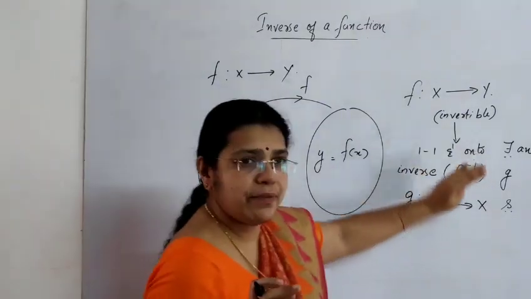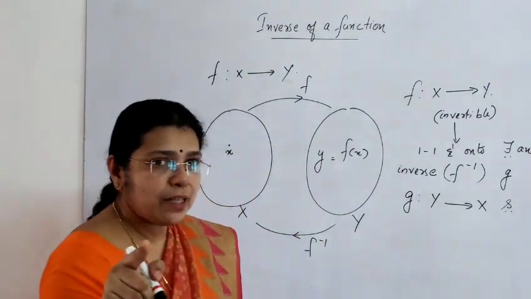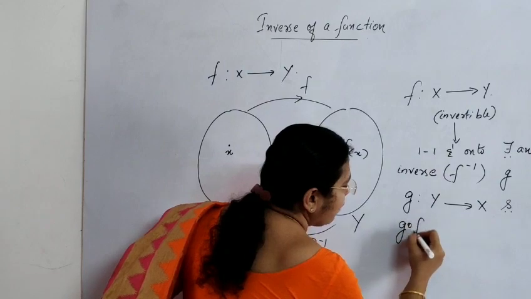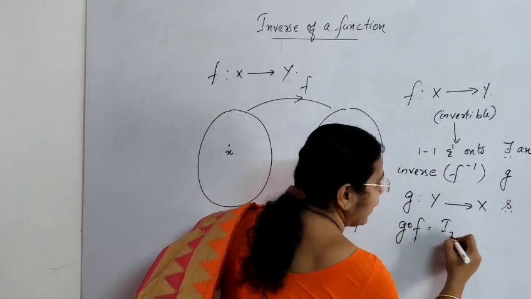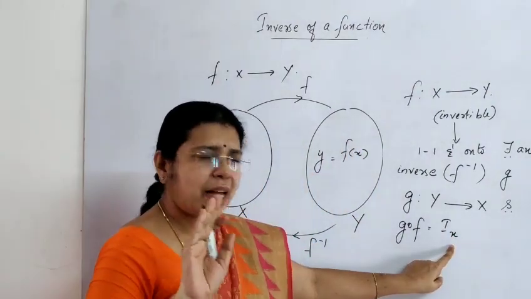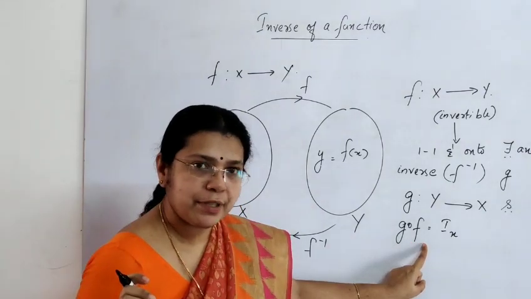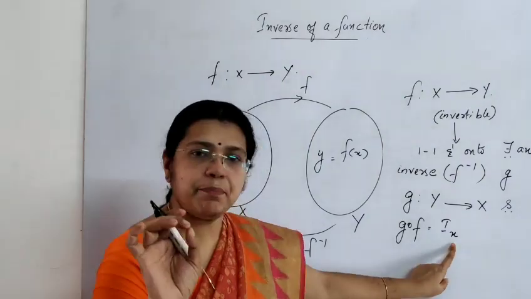So this is all about invertibility, but we have already studied the composition of functions, right? So that gof will give you Ix. Ix means identity function of x. It is nothing simple. When you apply gof, g being the inverse, you must get simply x.